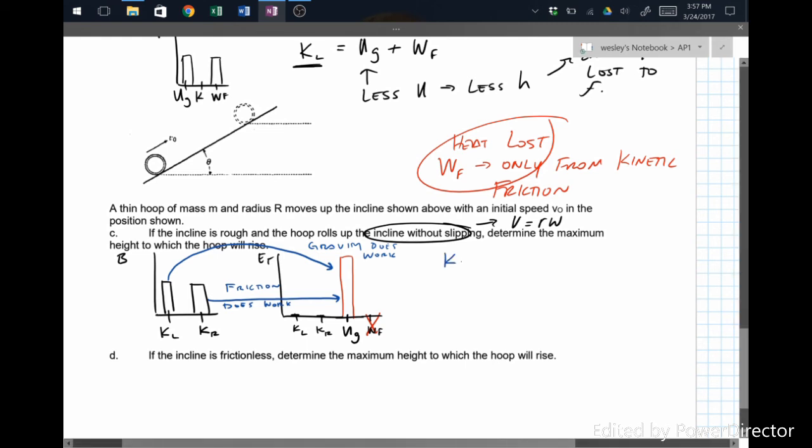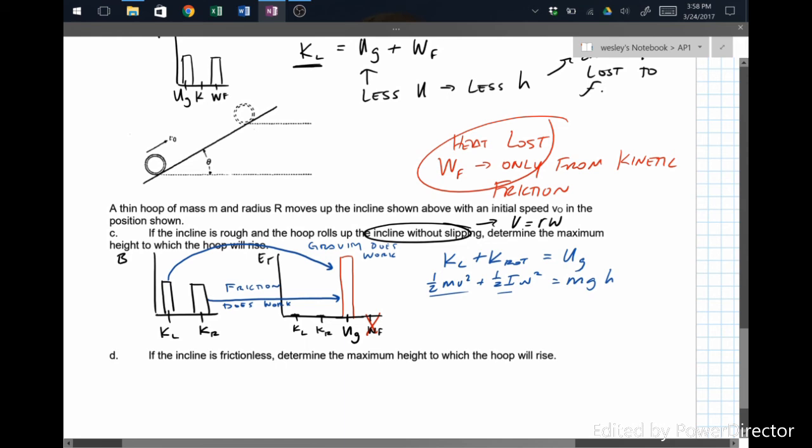So all of my linear kinetic energy and all of my rotational kinetic energy become gravitational potential energy. So 1/2 mv squared plus 1/2 I omega squared is equal to mgh. Both of those are going to contribute.